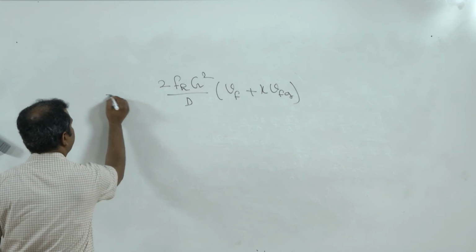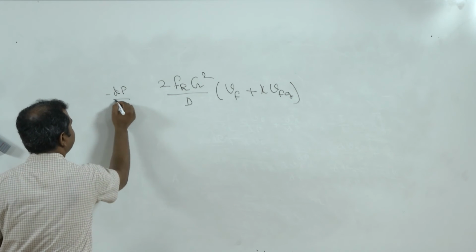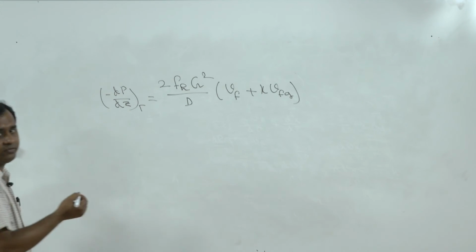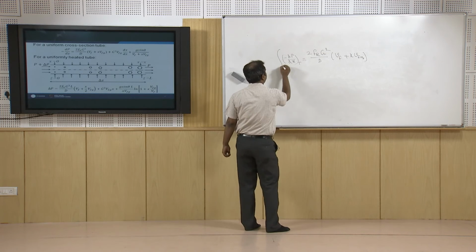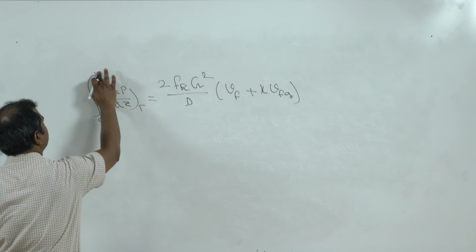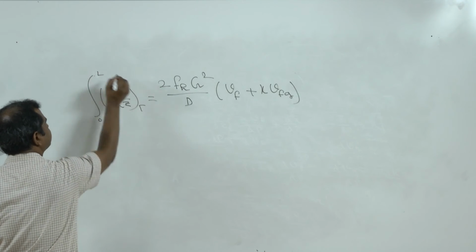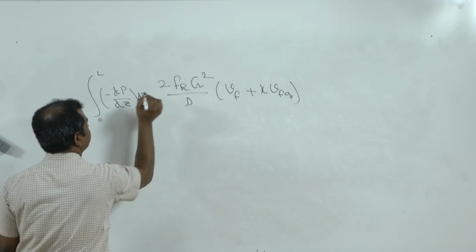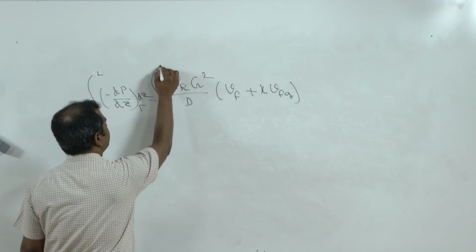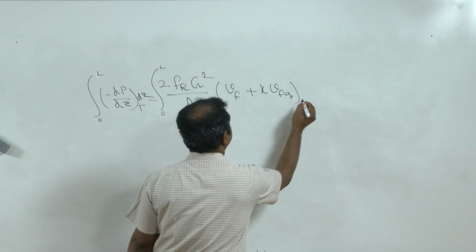Now, this is minus dP dz for frictional. If I have to integrate for the whole pipeline, I will be doing integration from 0 to z, or 0 to L, where L is the pipeline length, for dz. Similarly, we need to integrate this side, 0 to L, and here we are having dz.